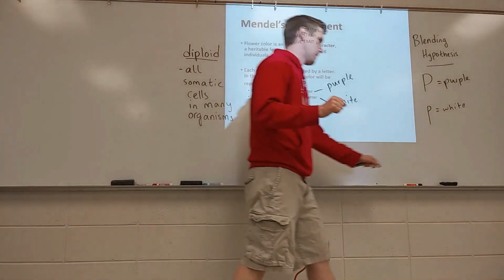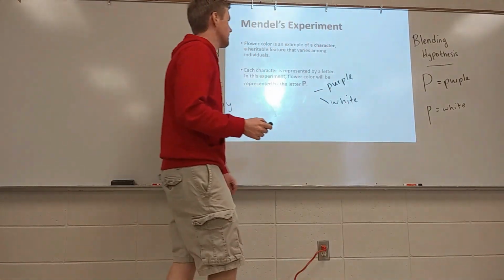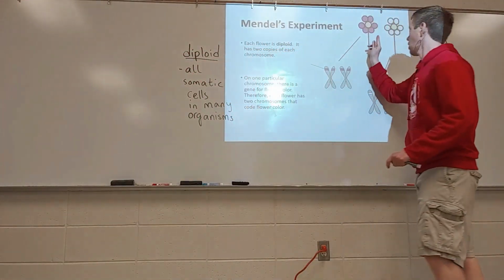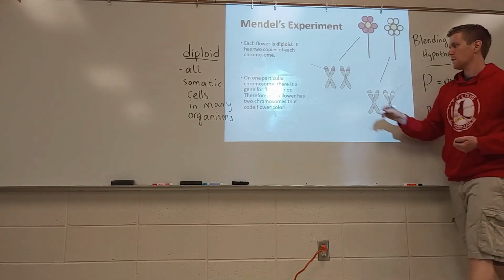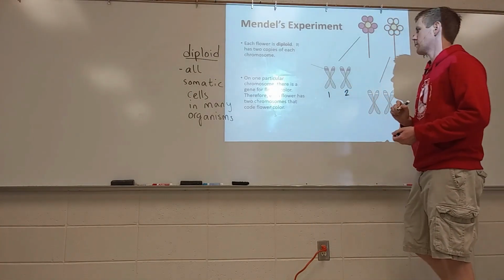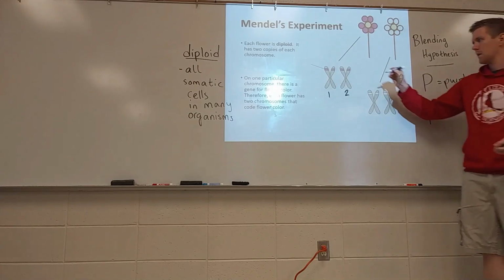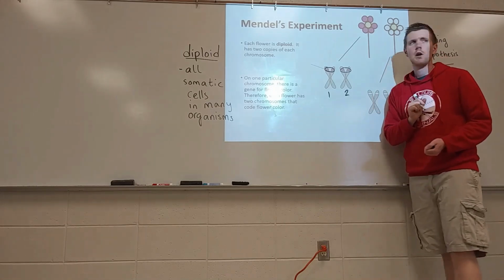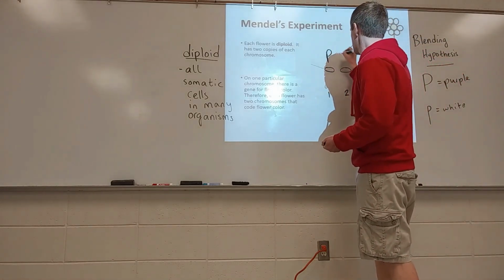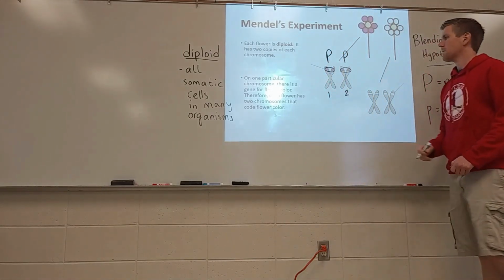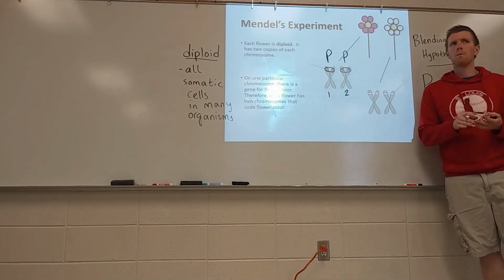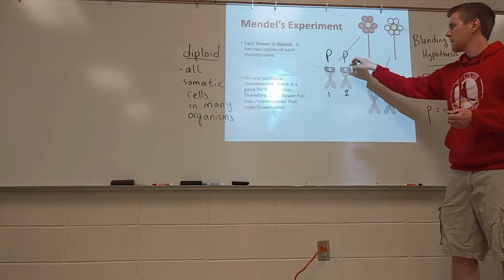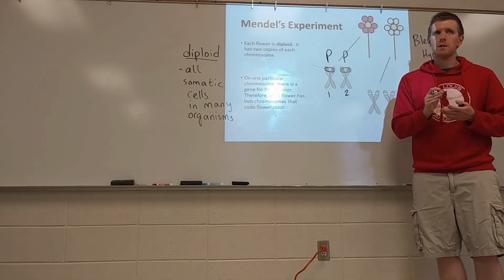So let's go back then. Let's go back a slide. Our purple flower, we said that it has two copies of the gene for flower color. Here's one, here's two. Both of them are colored purple, which means both copies of the gene for flower color for our purple pea plant, say that 10 times fast, would be big P, the purple gene.